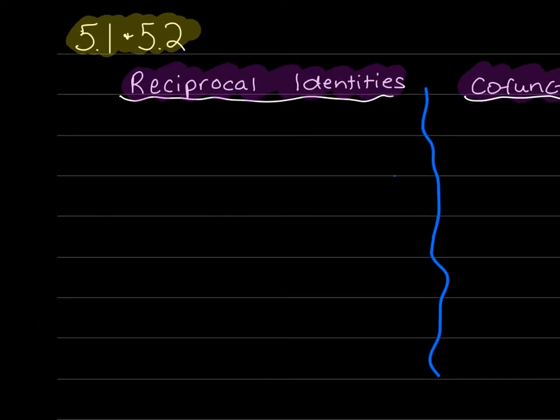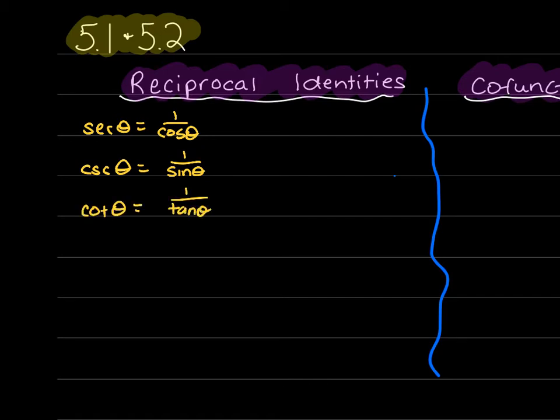So the reciprocal identities are the ones we've been dealing with the longest, right? So this would be like secant of theta is 1 over cosine. Cosecant of theta is 1 over sine. Cotangent can be written as 1 over tangent, or it can be written as cosine over sine, and tangent would be 1 over cotangent or sine over cosine.